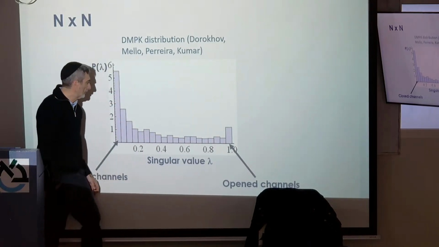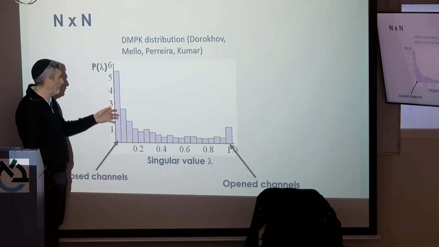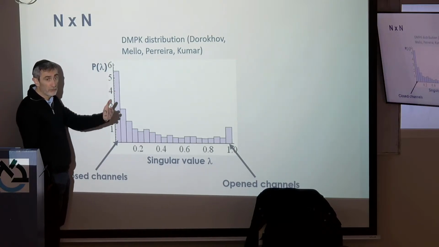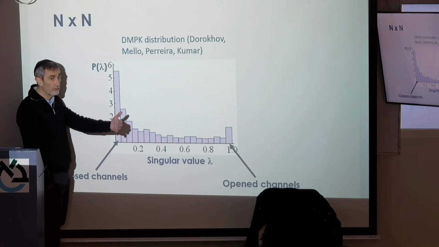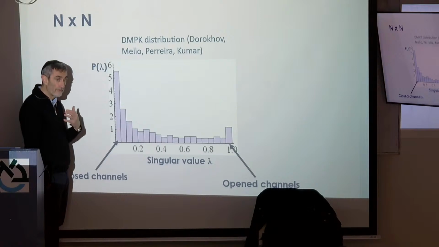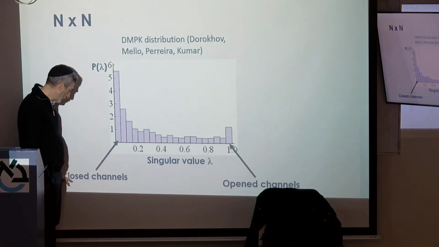You have a lot of values for which you have almost no transmission, which makes sense because it's a scattering medium, so little of the light goes through; most of it will be stopped inside or reflected back. Those are called the closed channels.